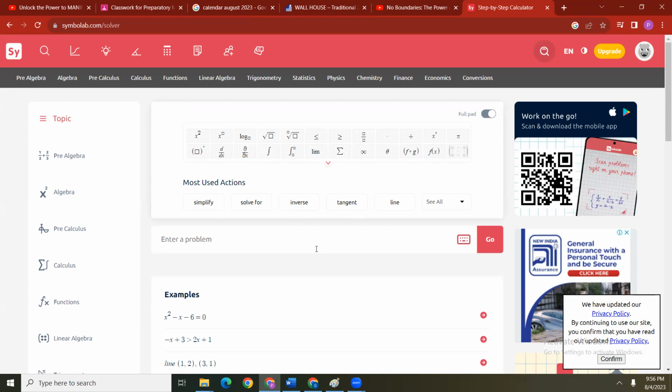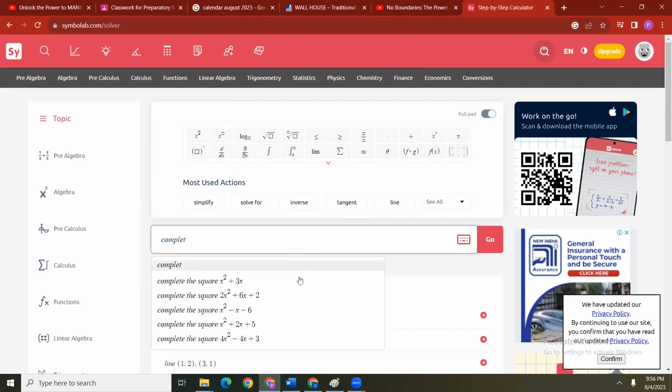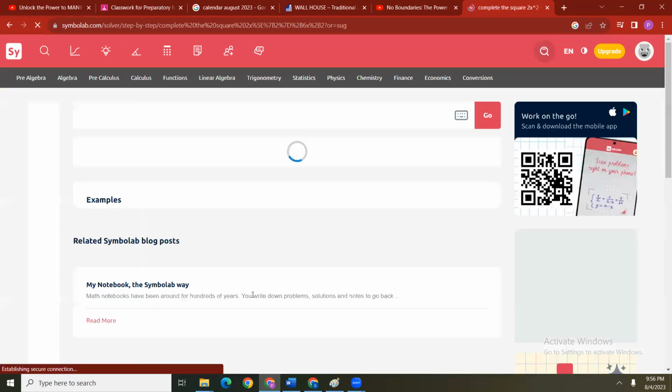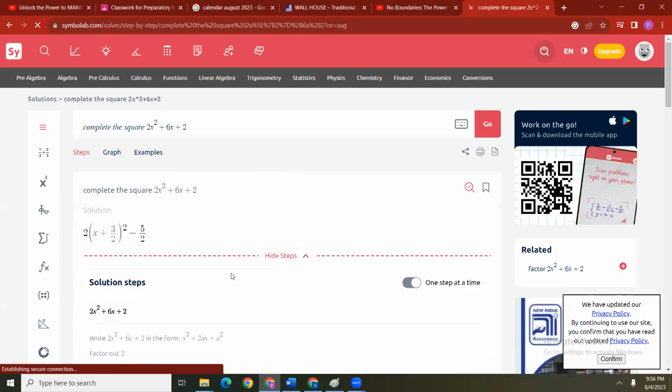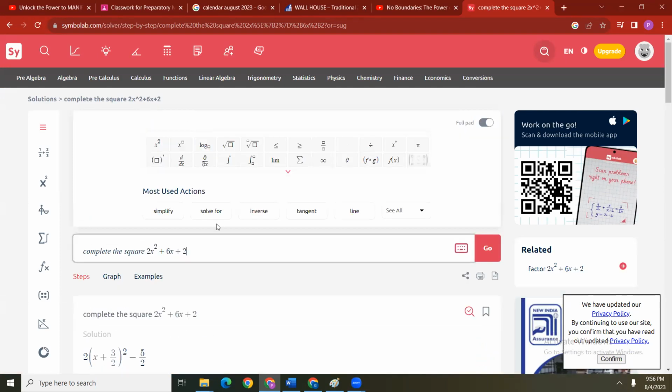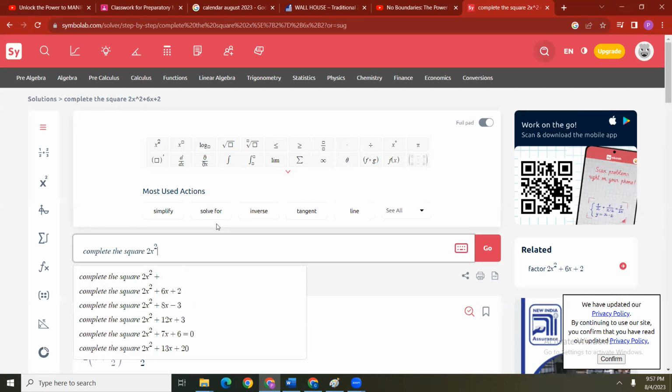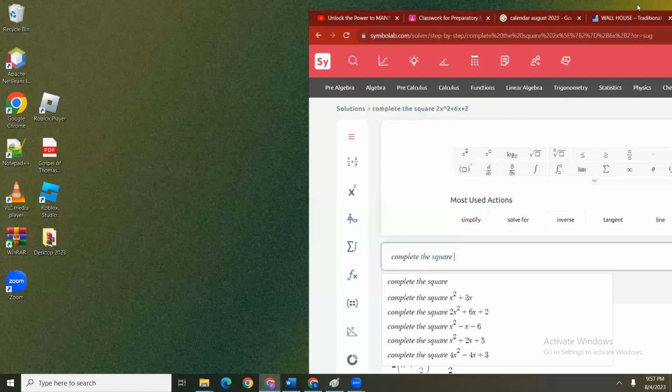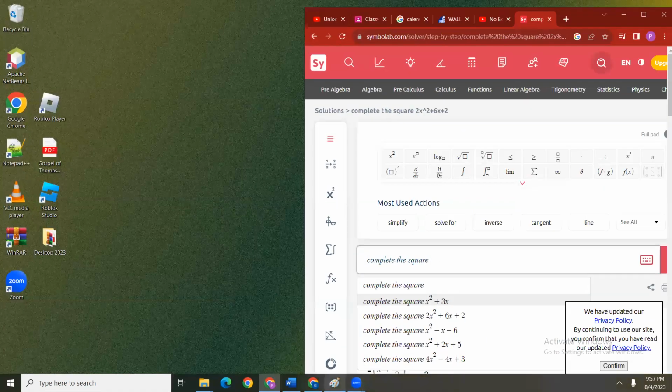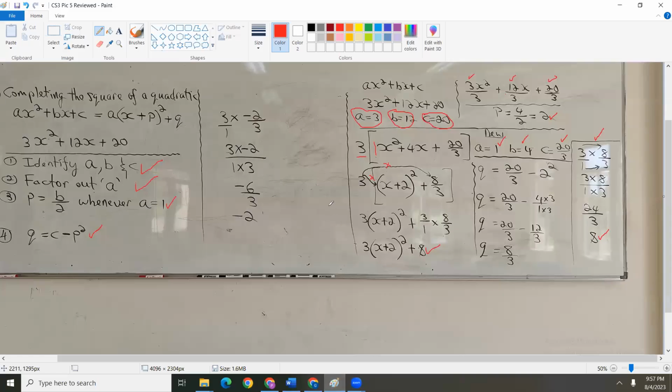So we're going to enter the problem. We want to complete the square of a quadratic. Here Symbolab gives an example to complete the square of 2x squared plus 6x plus 2, but we want to complete the square of our example, which is 3x squared plus 12x plus 20.